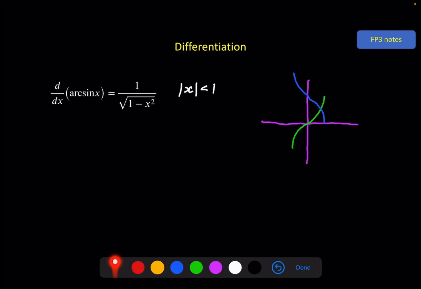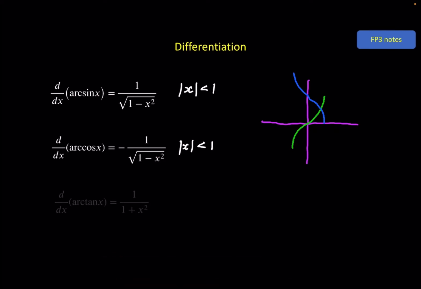So what we have for the arc cosine is the same expression, but this now is the negative root, and not the positive. So I hope that's clear, but I don't know why I've missed these off. Both of these should have magnitude of x less than 1, because we don't want a negative inside the square root here, and because of the cutoff points of the graph.